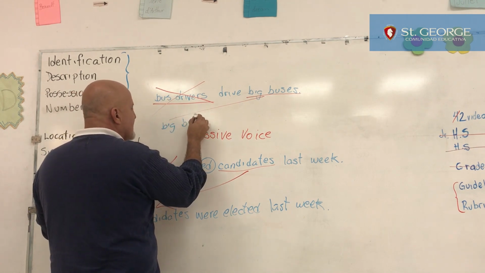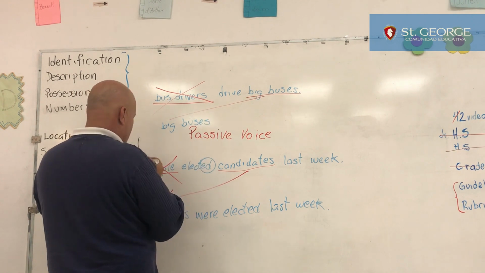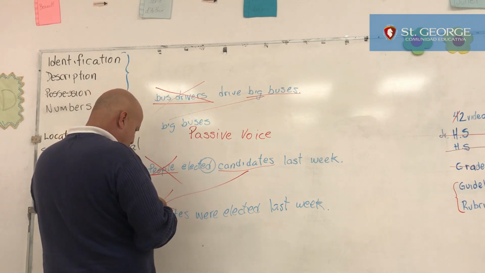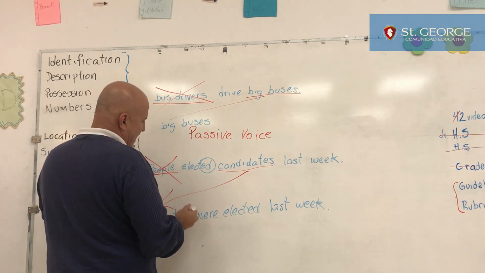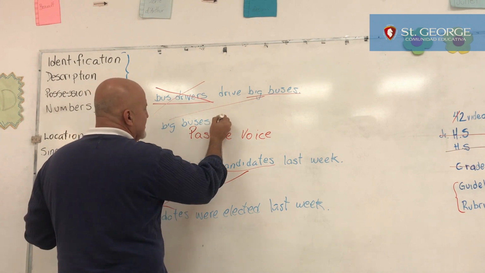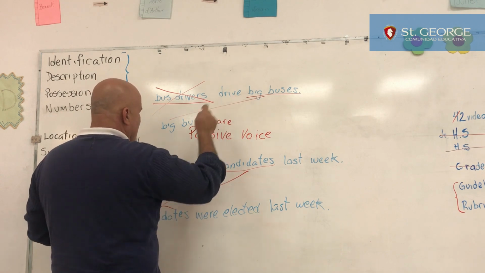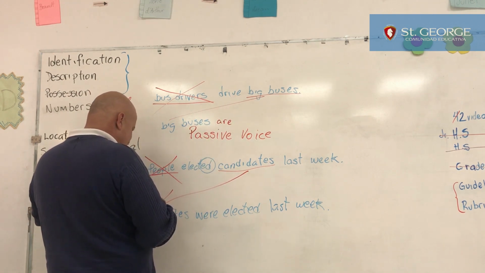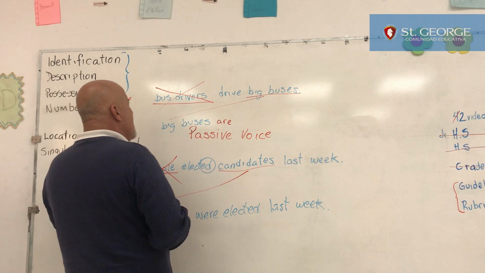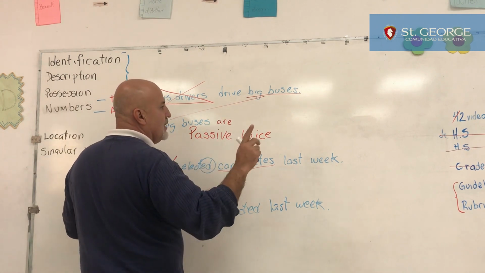Big buses. And then I put the verb to be for big buses. This is in present, so big buses are, and then my verb in past participle. Oh yes, teacher, big buses are drove.